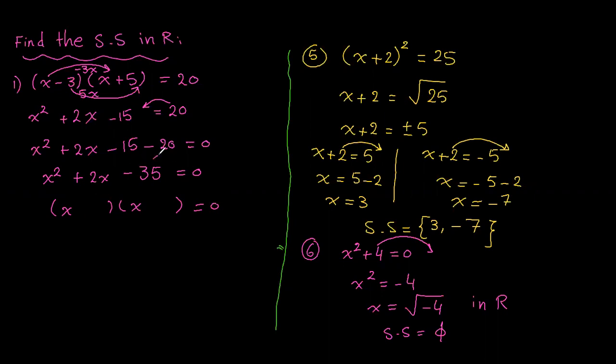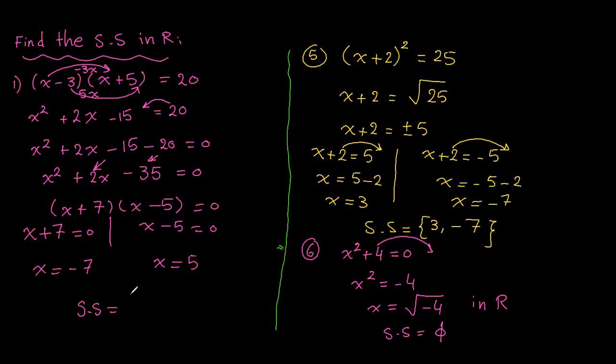We want the product to be 35 and the difference to be 2, so I think it will be 5 and 7. The positive goes with the greater number and the negative with the smaller number. So x + 7 = 0 and x - 5 = 0, so x = -7 and x = 5. The solution set here is {-7, 5}.